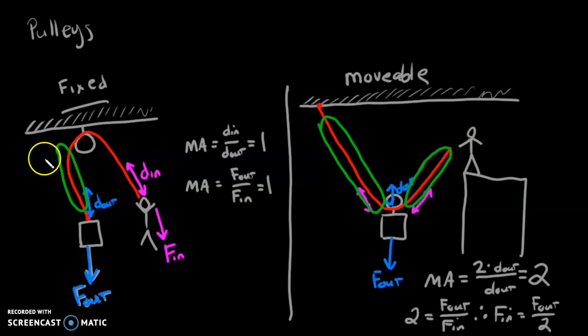And again, the other way to count this, remember I had one rope pulling up here, and I have a mechanical advantage of 1. Over here, I have 2 ropes pulling up, and I have a mechanical advantage of 2. So 2 ropes gives me a mechanical advantage of 2.